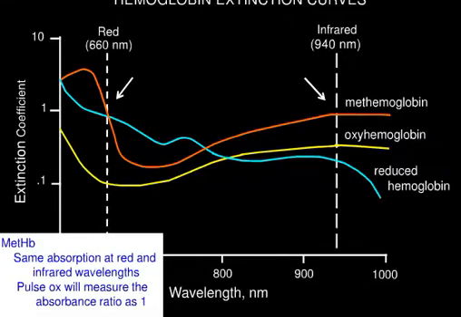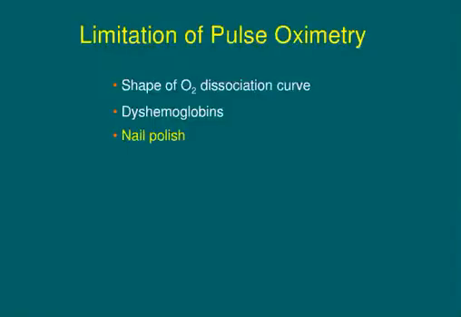Methemoglobin has the same absorption coefficient in the red and the infrared region. So if you have lots of methemoglobin around, the pulse ox will assume that because they're both at the same level, it's a ratio of 1. And so this is why it plateaus at that moment.